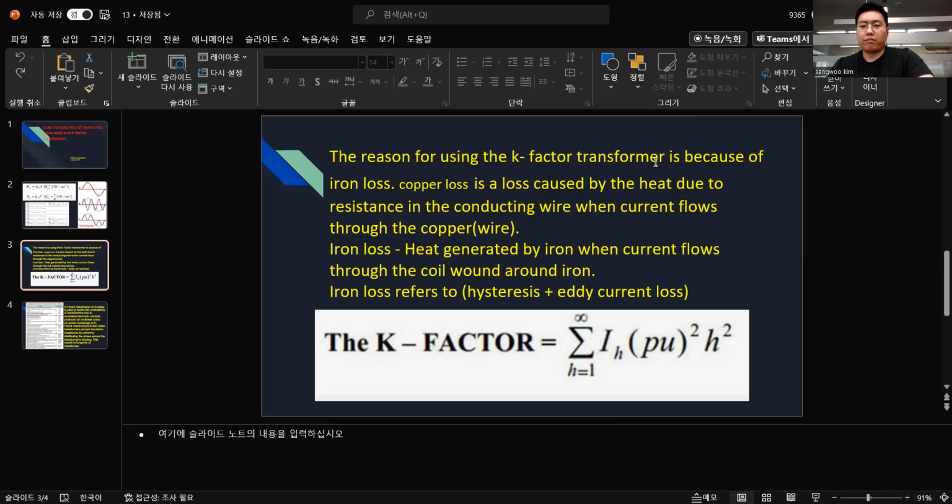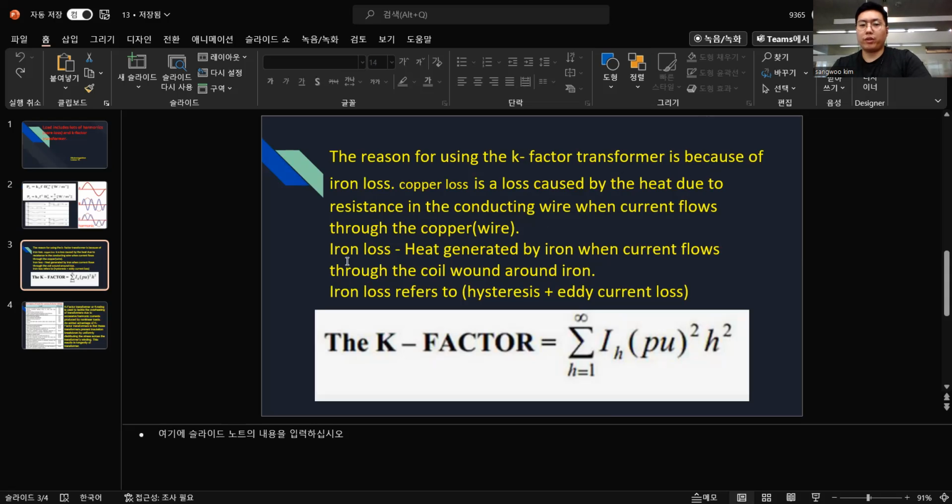Maybe you've never heard about this, so I'll explain a little bit about the concept of a K-factor transformer. Because of the iron loss, we say this is hysteresis loss and eddy current loss, right? And copper loss is a loss caused by the heat due to the resistance in the conducting wire, in the cable, when current flows through the copper wire, as I explained.